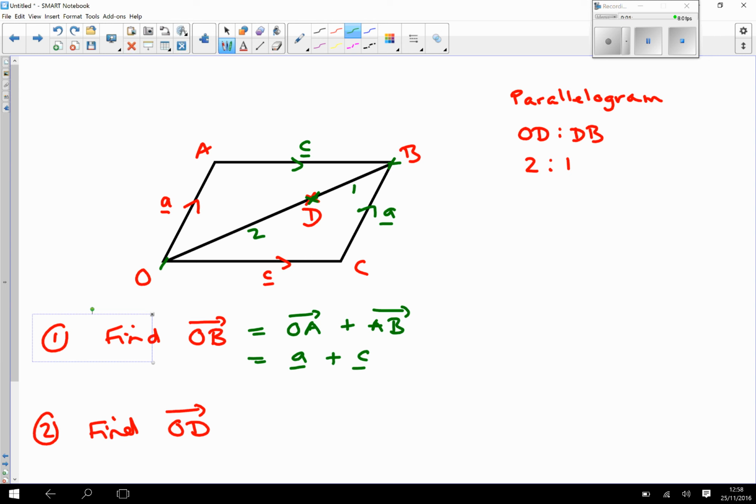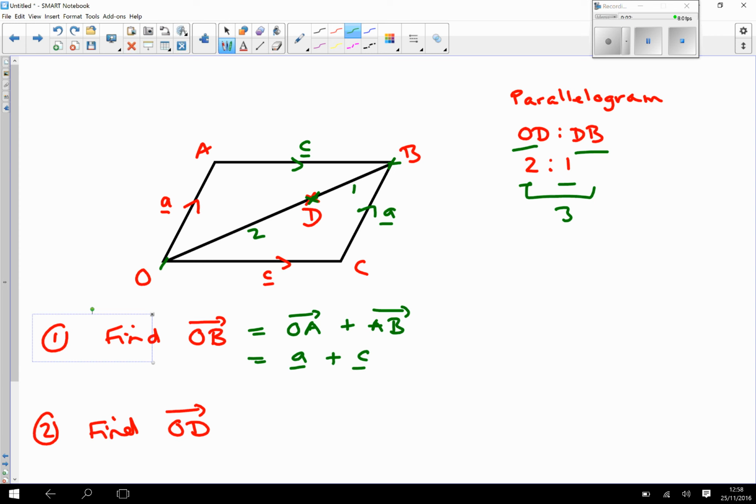Now I want to go from O to D. Again, I don't know how to go directly from O to D, but I do know how to go from O to B. This is where the ratio comes in. I know that O to D to B is the ratio 2 to 1. So altogether there, I've got 3 parts.